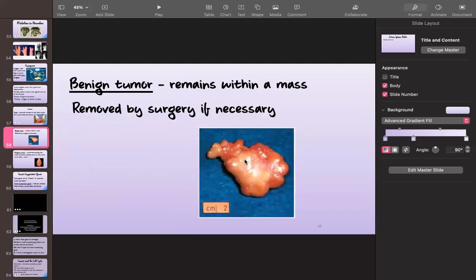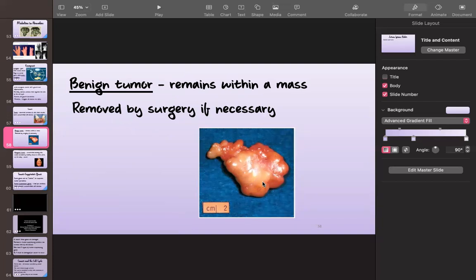So if the tumor isn't that big, isn't causing any major health problems, maybe it's growing at a very slow rate, the surgeon or the oncologist might decide that surgery is unnecessary.